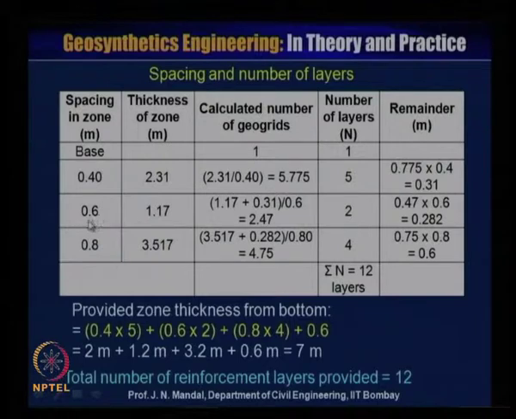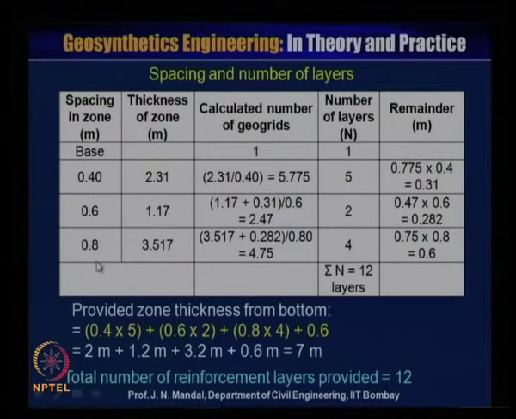Now next, spacing in zone 0.6, thickness of the zone 1.17. So the calculated number of geogrid is 1.17 plus the remainder 0.31, divided by the zone spacing 0.6. It will give 2.47. So we are considering number of layers 2, and the remainder is 0.47 into spacing 0.6, which gives you 0.282.